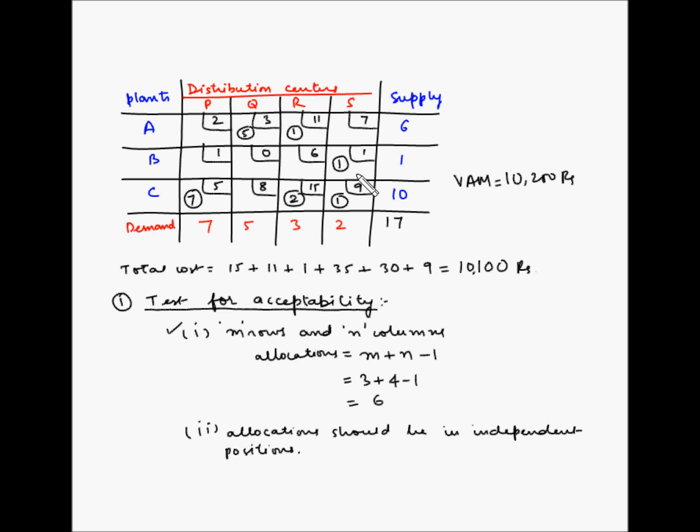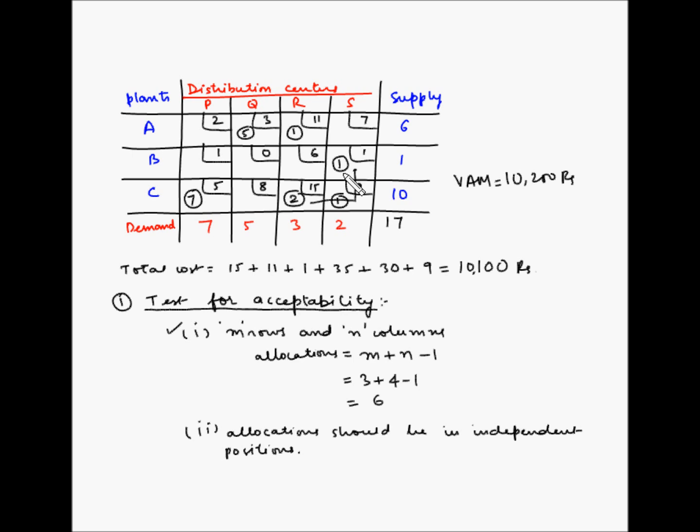So let's try for the cell BS. Now from BS, the next occupied cell where it can go to is CS. From CS, it can go to CR or CP. Now if we go to CR, then the only cell we can go from here is AR, and then from AR there is no way we can make a horizontal and vertical jump to BS.